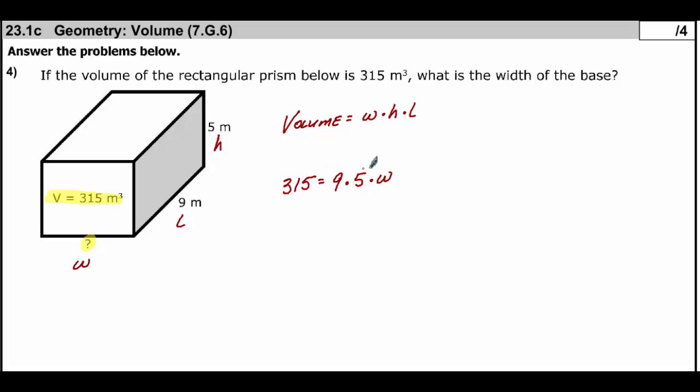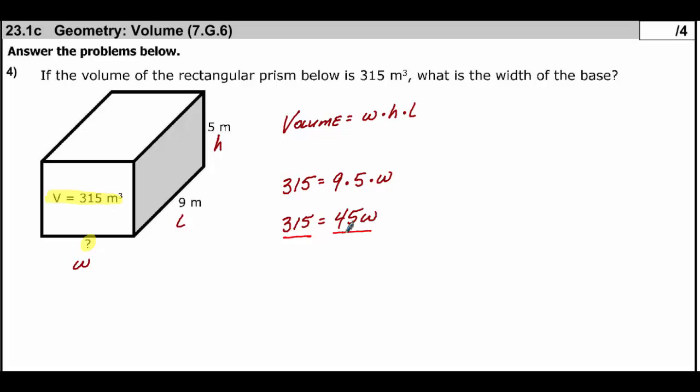It doesn't matter what order we put these in. Multiplication is commutative. We always want to leave the variable at the end. We want to put the constant values first. So we know that 315 is equal to 45 times W.